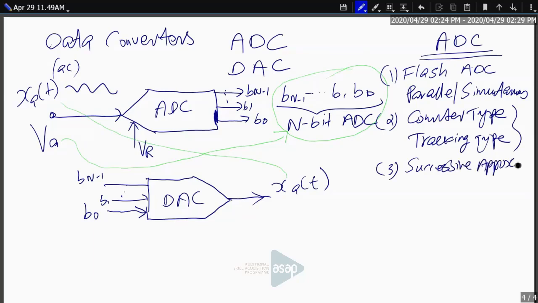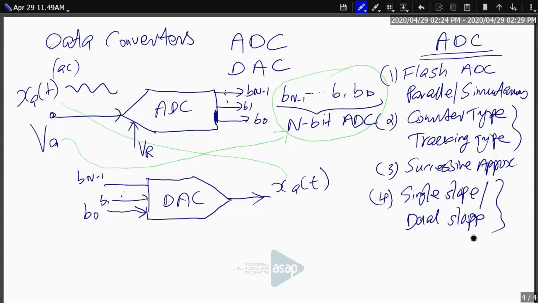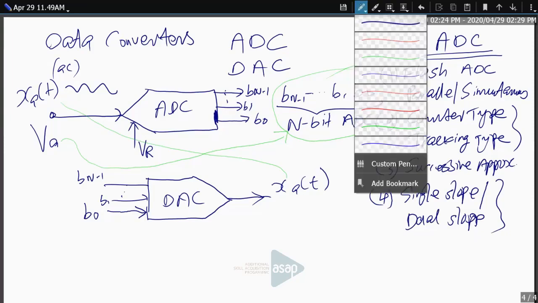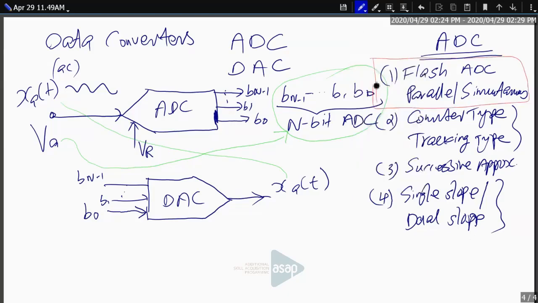This is how the digital to analog converter works. In an ideal situation, if we feed this n-bit data to this DAC, then we should get exactly the same input that we fed, either VA or x(t). But that may not happen because of so many conversion errors in both ADC and DAC. But anyway, in simple terms, this is what happens in a converter process.